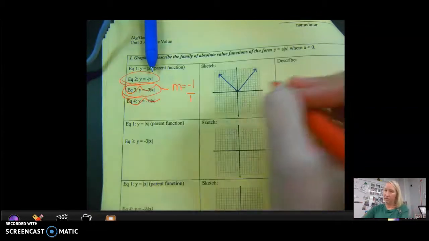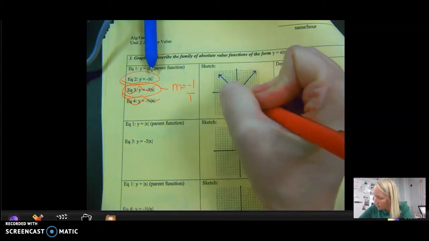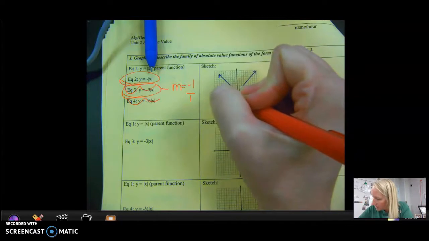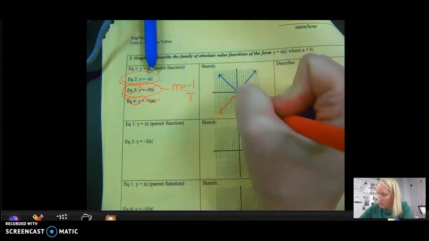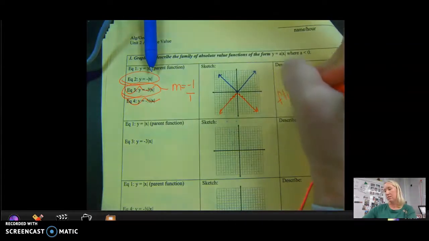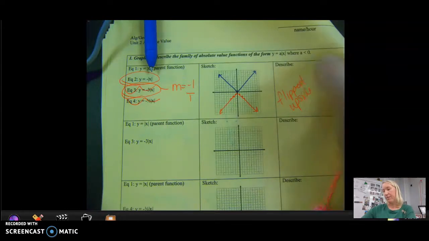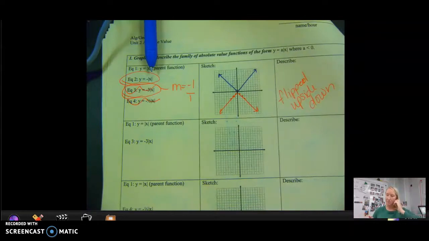So if I start at my vertex, down 1 over 1, down 1 over 1, down 1 over 1, and then mirror image it. What do you notice happened to my V? It flipped upside down. So the negative makes it flip upside down.